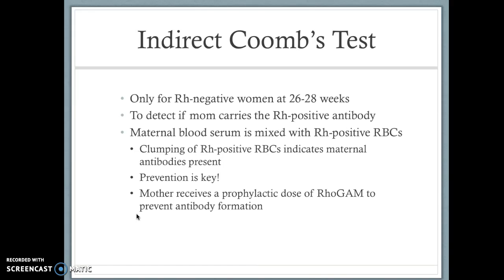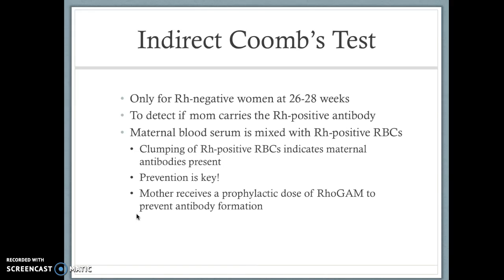So in the indirect Coombs test, the maternal blood serum is mixed with RH positive red blood cells, and if clumping of the RH positive red blood cells happens, then that's a positive Coombs test. And a negative Coombs test would mean that the mother has not created antibodies against the RH positive red blood cells.